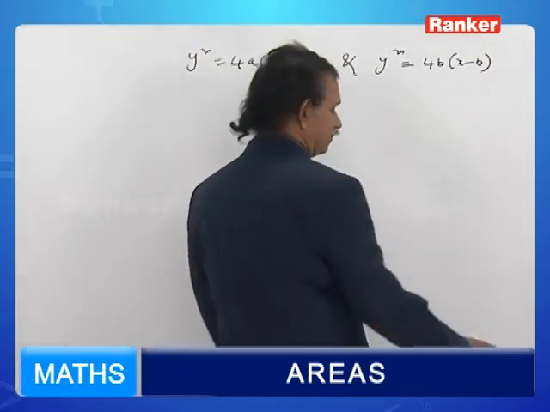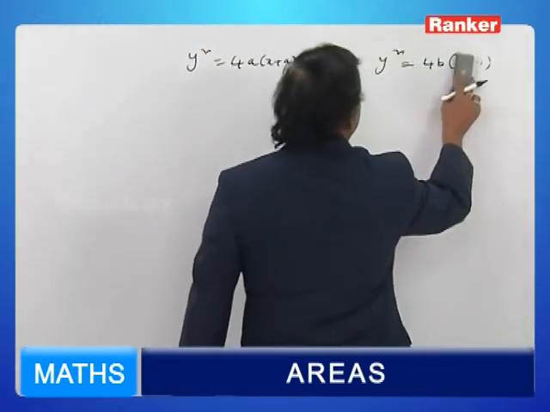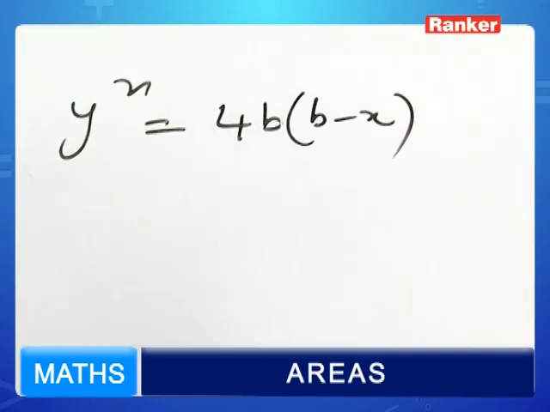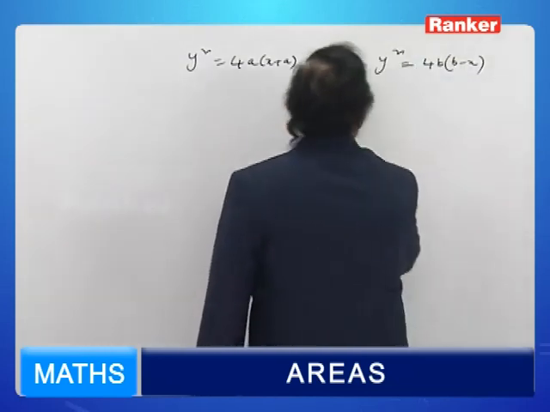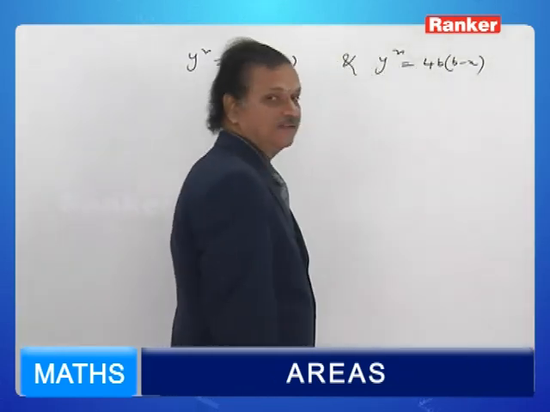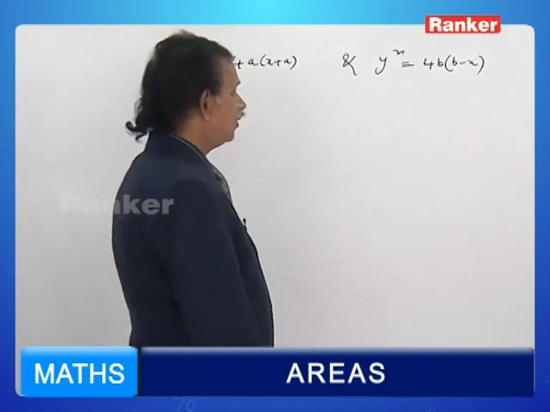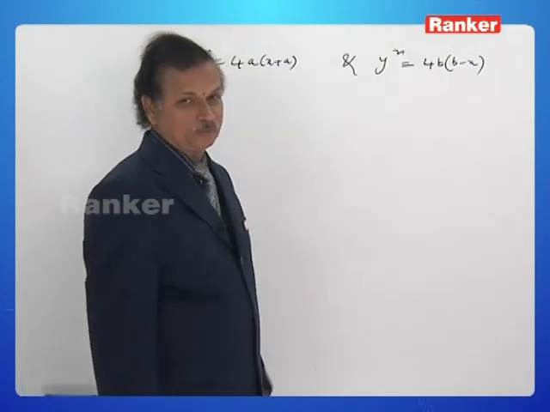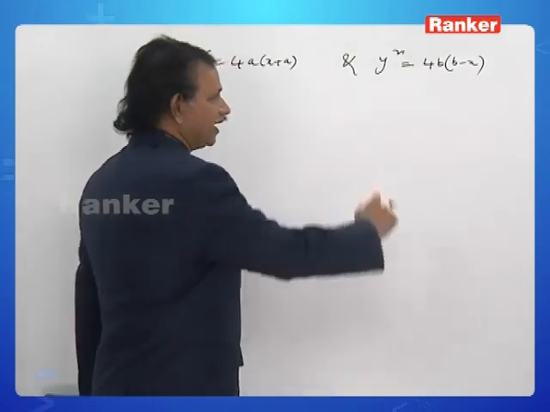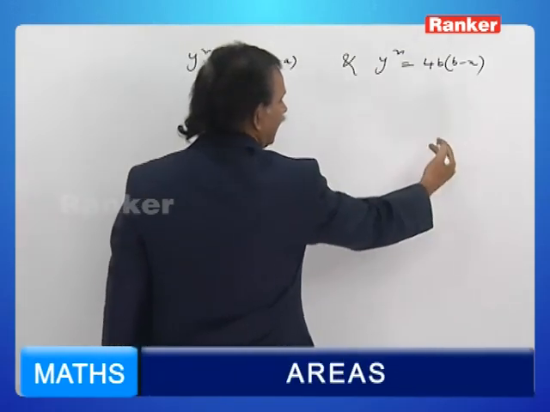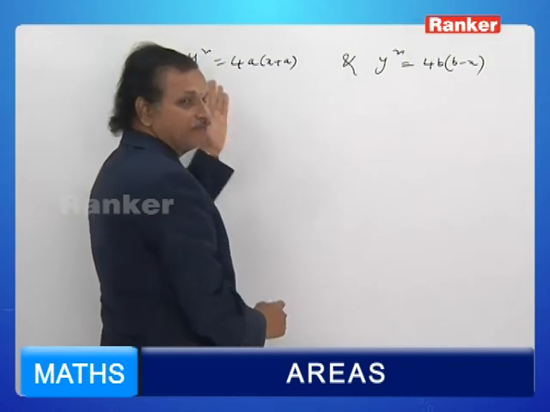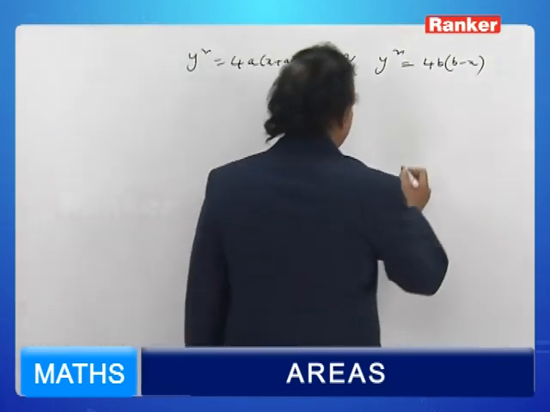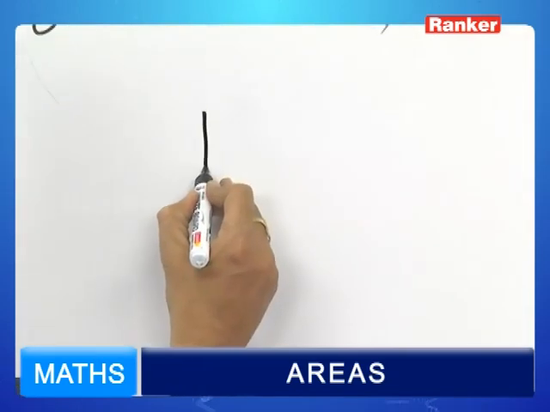A small mistake was made in the data: he has given 4b into b minus x. If you take the minus out, it is minus 4b into x minus b. So that is a parabola open leftwards, and this is a parabola open rightwards. We can easily see the graph of the two functions.